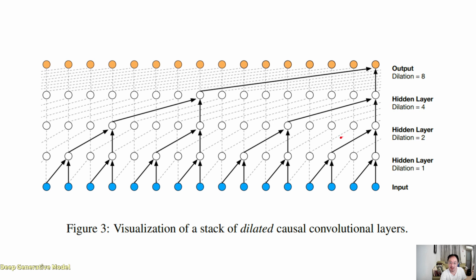So that is called dilated causal convolutional layers. The causal one is essential because we all need it. Dilated because we are trying to do this more efficiently. So it turns out WaveNet can handle things more easily.